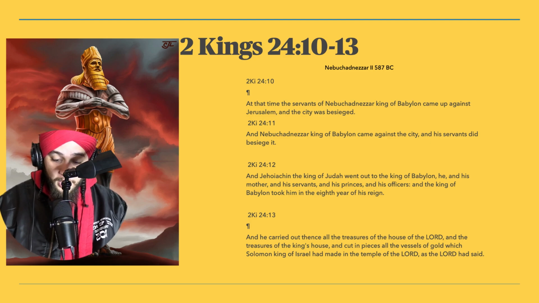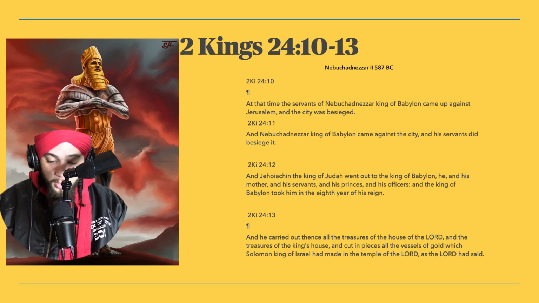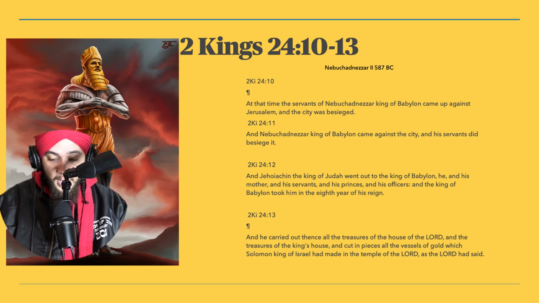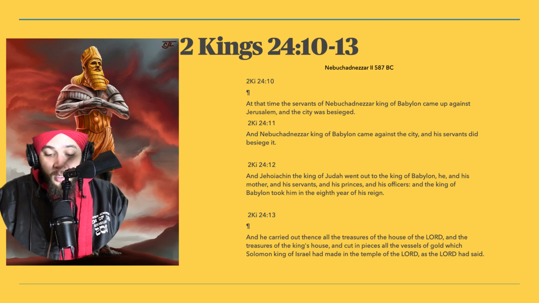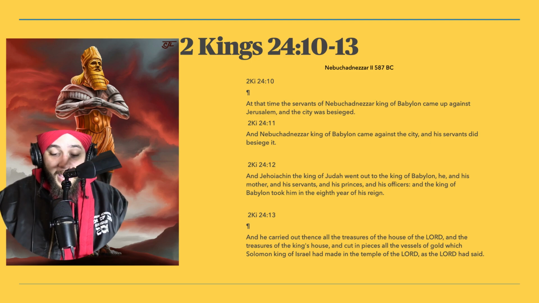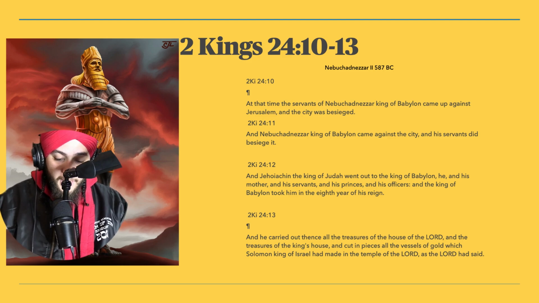Nebuchadnezzar, years later, throughout the process of generations, we have a wicked king. Israel's off in the sight of the Lord. He allows the Babylonians, under the rule of Nebuchadnezzar the Great, aka Nebuchadnezzar II, to lay siege on Jerusalem. And in sieging Jerusalem, not only take us captive, but take what's holy unto us captive.